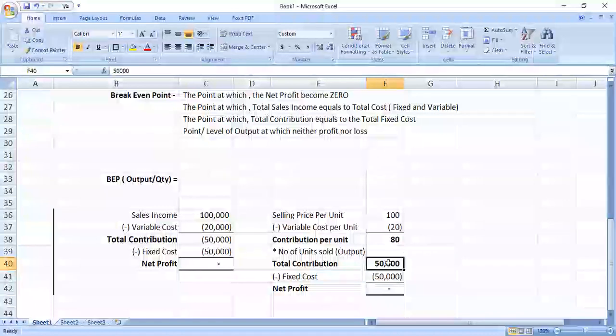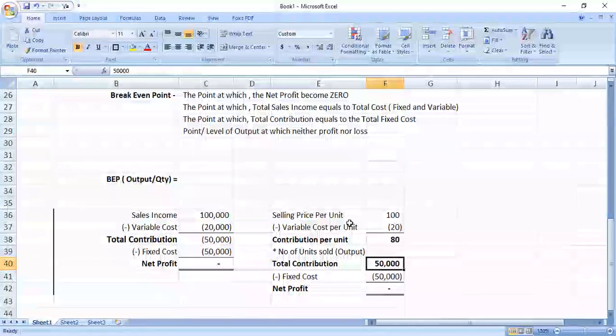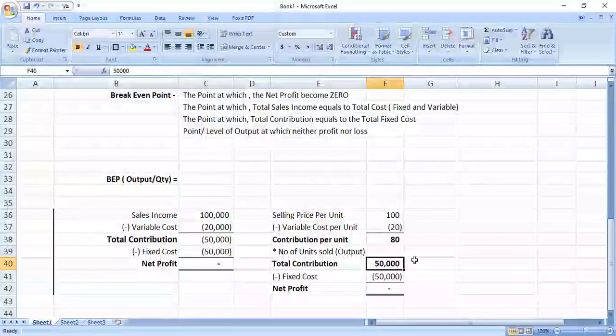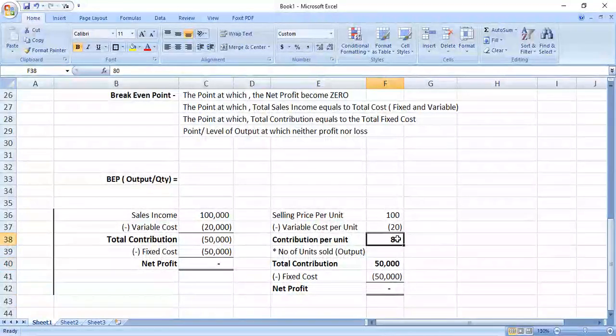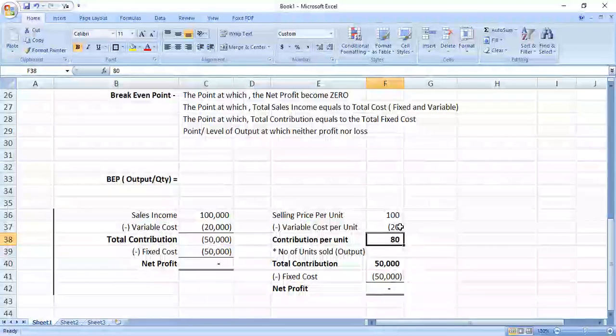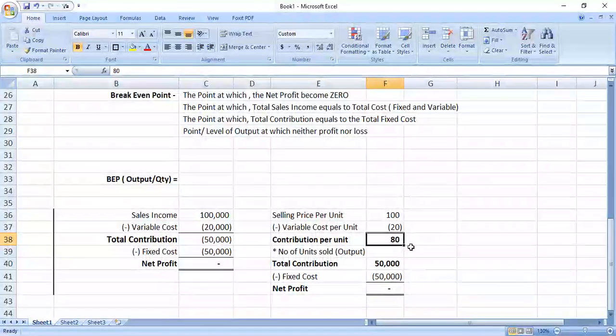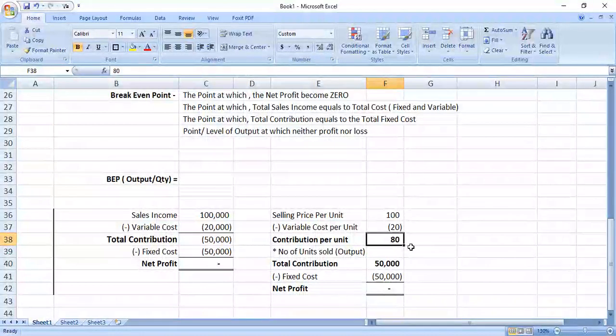Okay, so I know at break even point my contribution is equaling 50,000, right? And I know one thing, my selling price and variable cost per unit do not change, it's the same. So contribution per unit is also the same. Contribution from one unit doesn't change with the level of output.